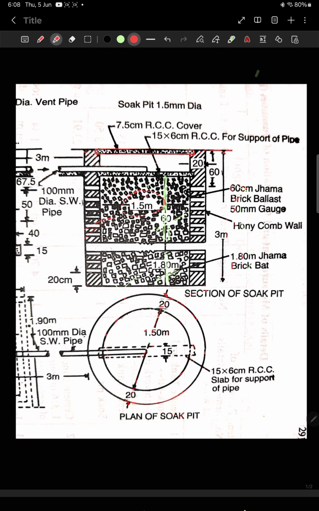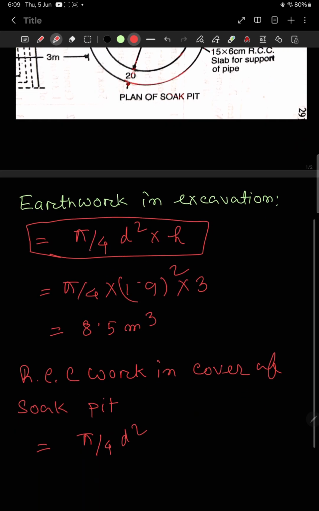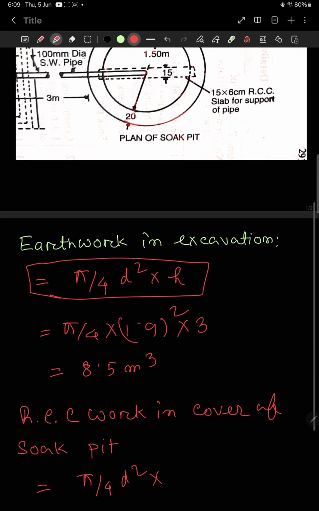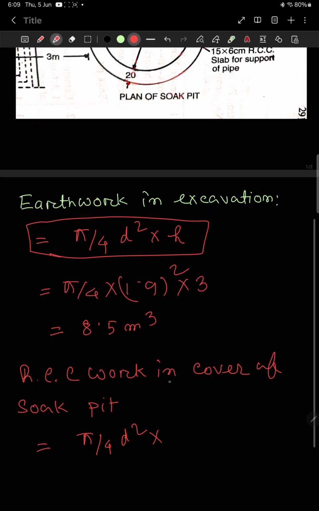So diameter is 1.7, 1.5, and 10 centimeter here, 10 centimeter here. So the area will be pi by 4 d square, and multiplied by the height or thickness of the cover slab. So let us assume the thickness will be 15 centimeter, that means 0.15 meter.